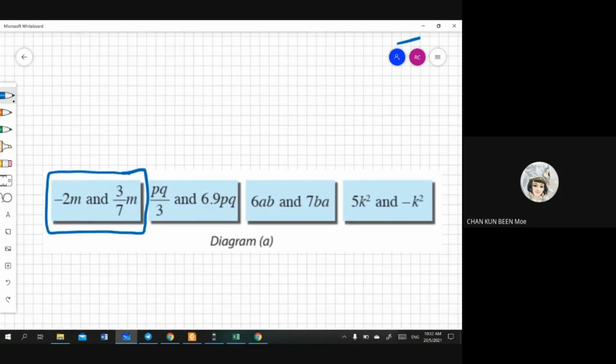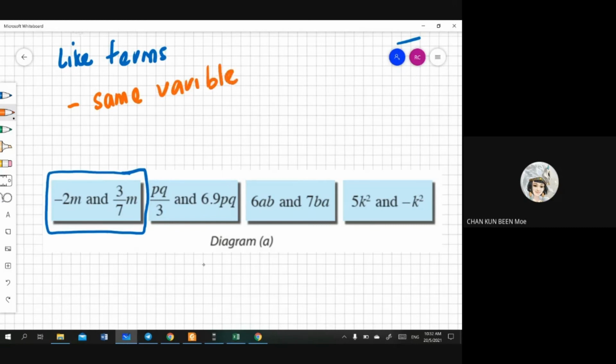For like terms, the condition is that they must have the same variable. For example, the apple I mentioned just now, the a and a, the variable is the same, right? So they are like terms.